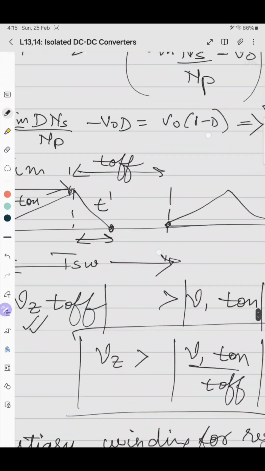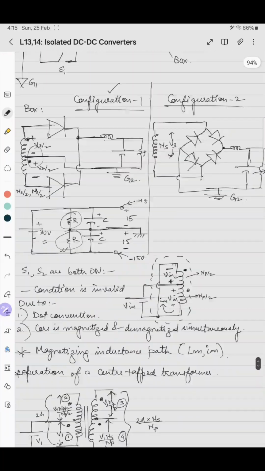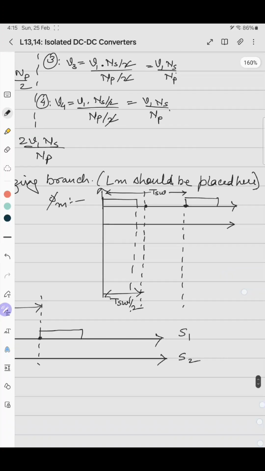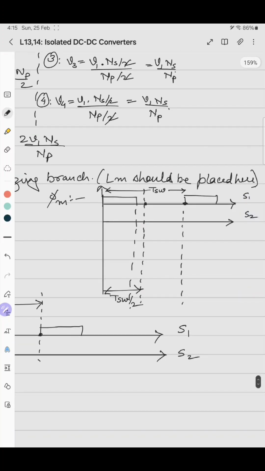Which will happen when S2 is turned on, when either of the switches is turned on. So say this is S1 and this is S2. Here we are drawing phi m or Im. So how will it look?